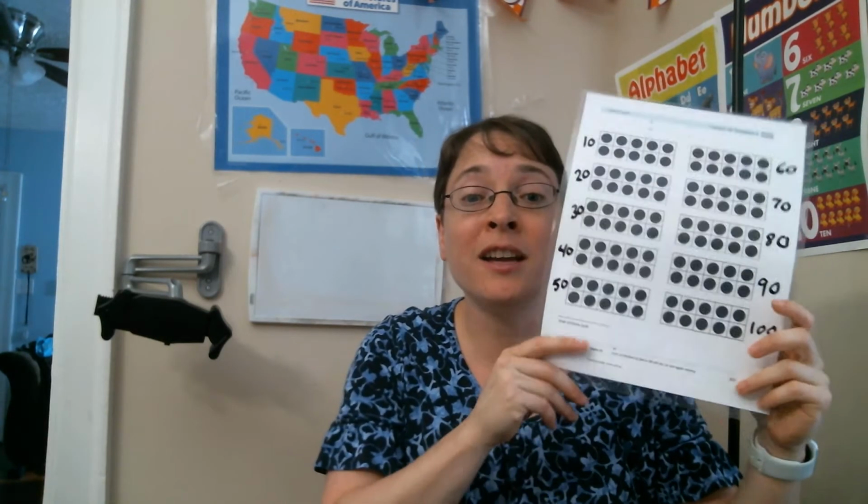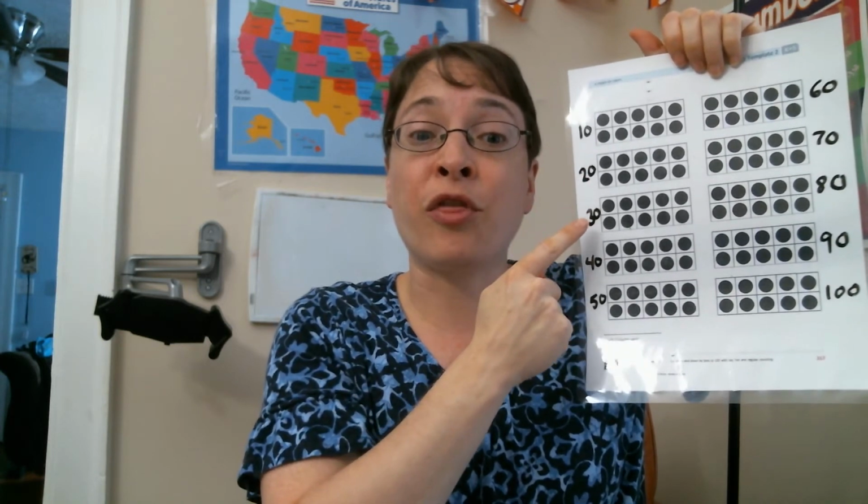To start, we are going to practice counting by tens to 100 and then backwards. And we're going to do it both the regular way and the say 10 way. All right, are you ready? Let's count. 10, 20, 30, 40, 50, 60, 70, 80, 90, 100.